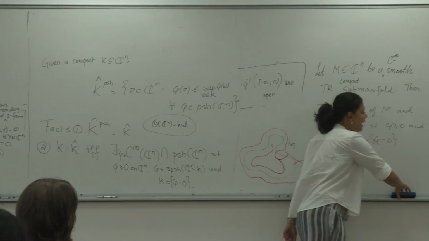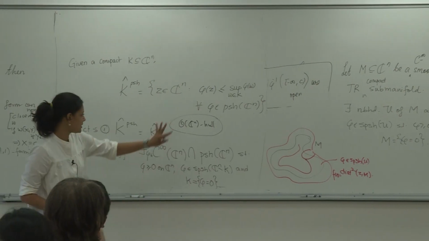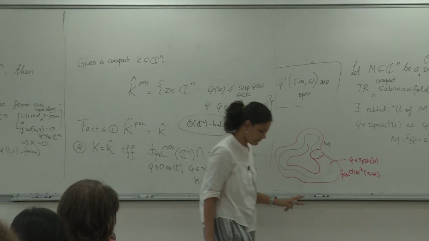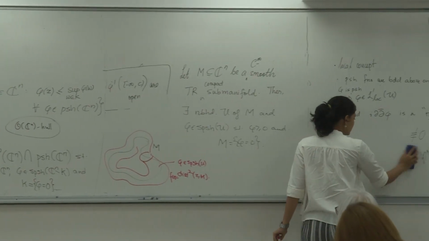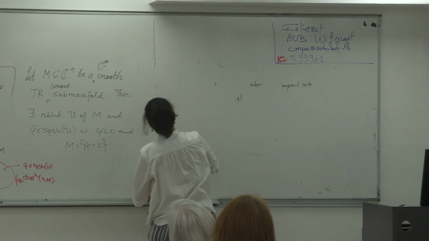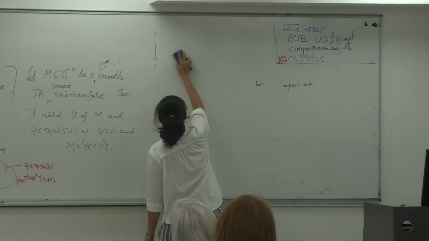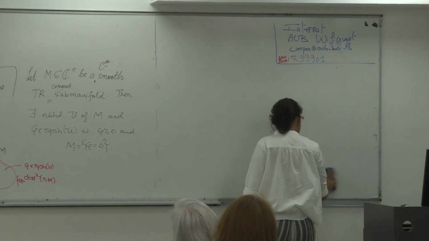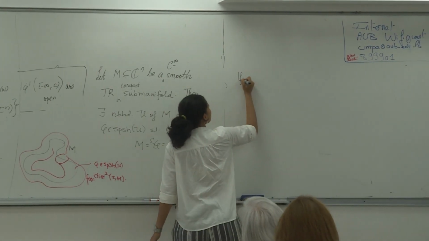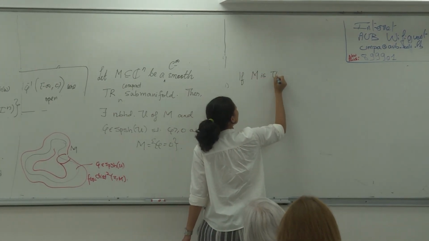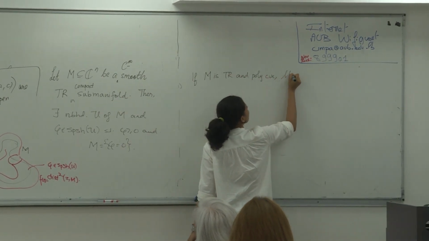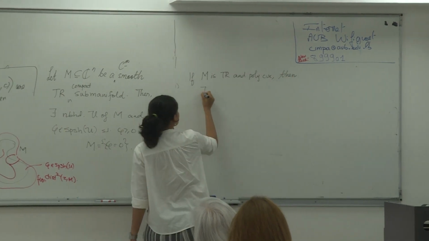Now if you do have both these conditions, totally real and polynomial convexity, that's a very good approximation. So if M is TR and polynomially convex, then there exists a phi.